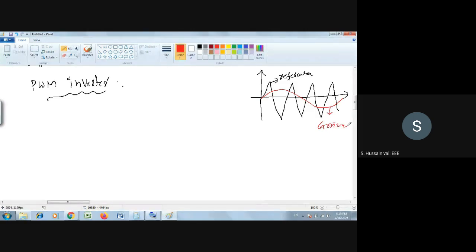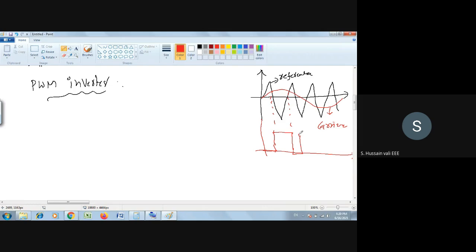By comparing both waveforms, you get the output like this. Here the red color waveform is above the black color, and in that case it is high. Otherwise, it is low. So here once again low.